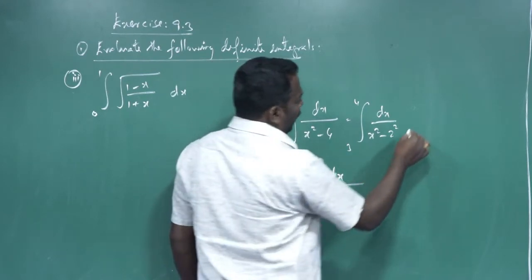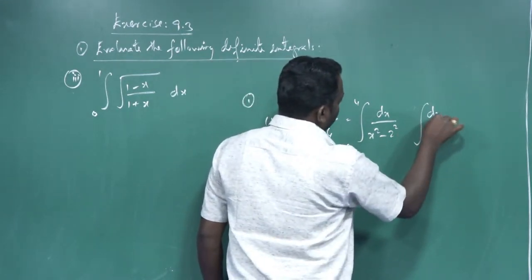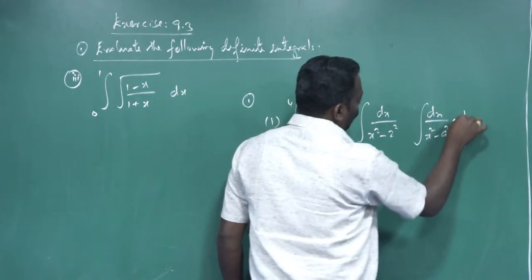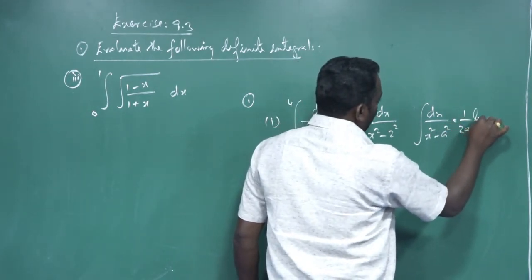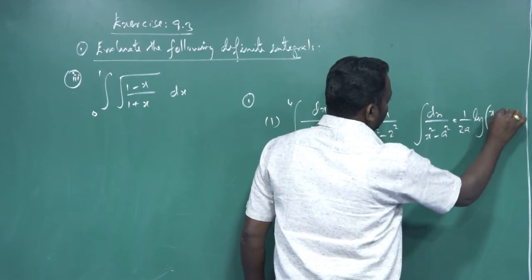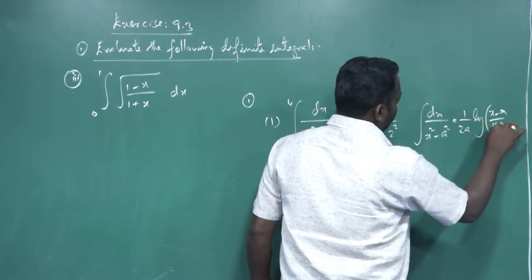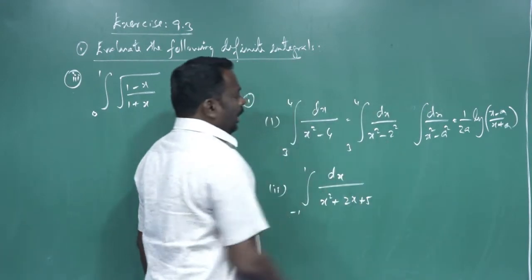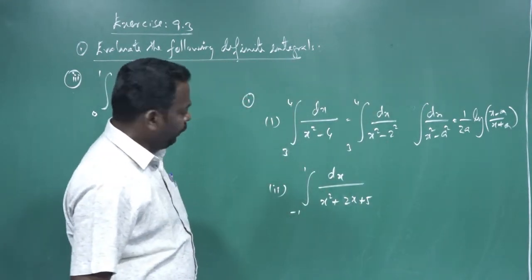So we know the integral formula: the integral of dx by x square minus a square is equal to 1 by 2a into log of (x minus a) by (x plus a). Apply this integral formula to integrate the first derivation.